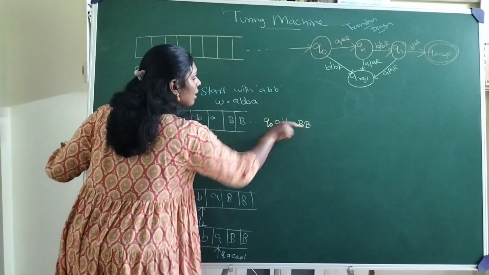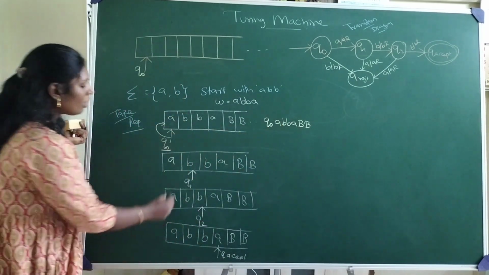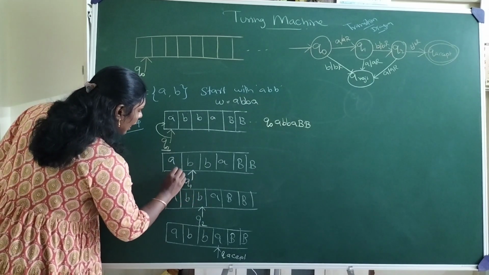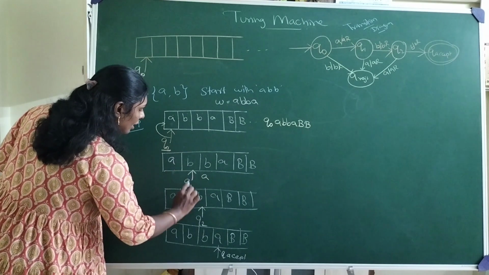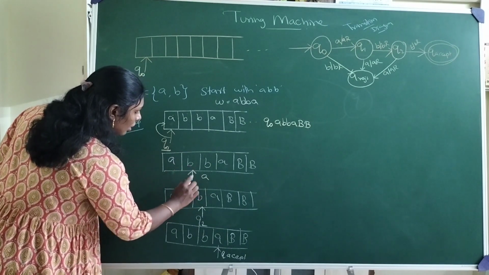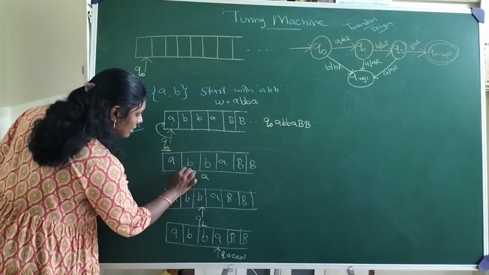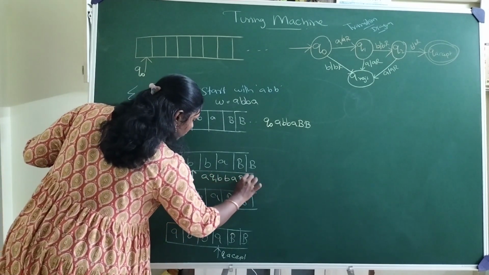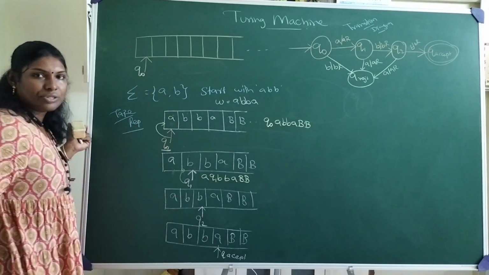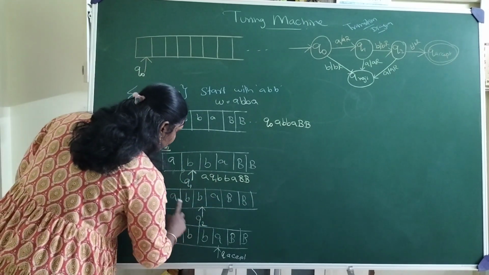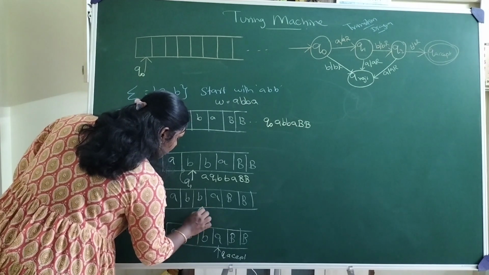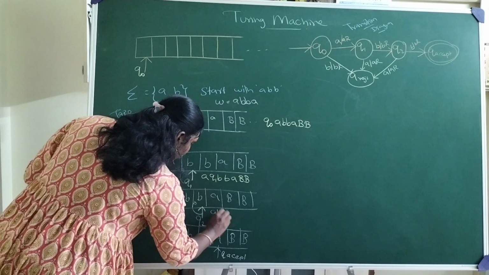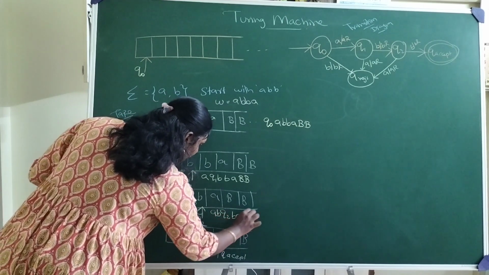Writing it in a single line is called instantaneous description. So what will be the instantaneous description for the next one? We can write A, and as a prefix to B, where my read-write head is, I write the state: Q1 followed by the remaining tape elements. Then in the next, the read-write head is here, so I add the state as a prefix: A B Q2 B A blank blank.